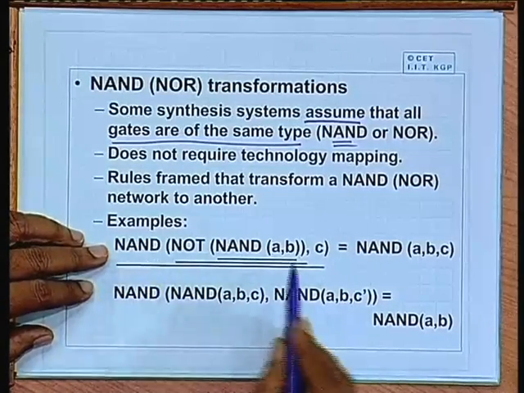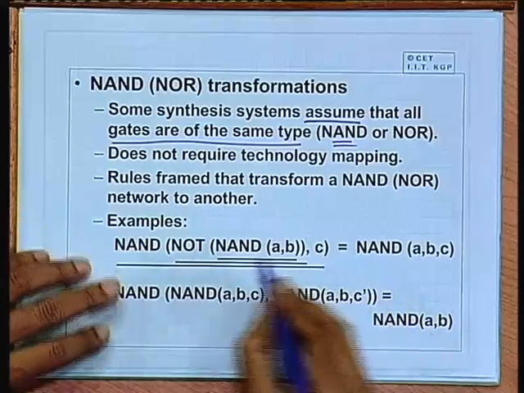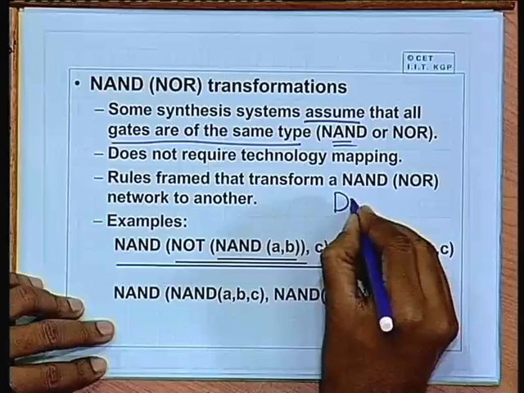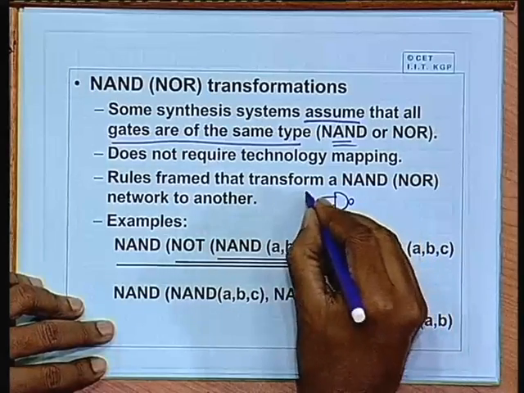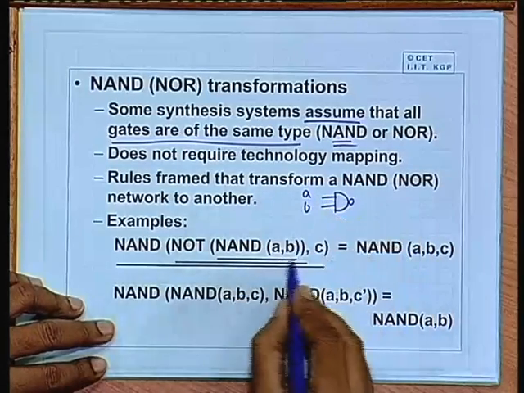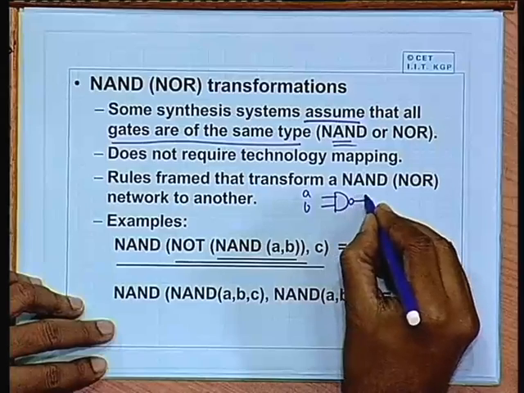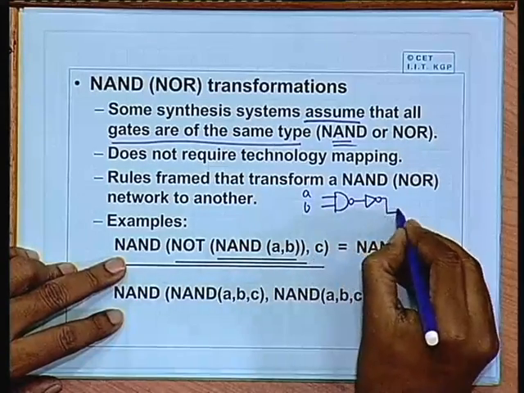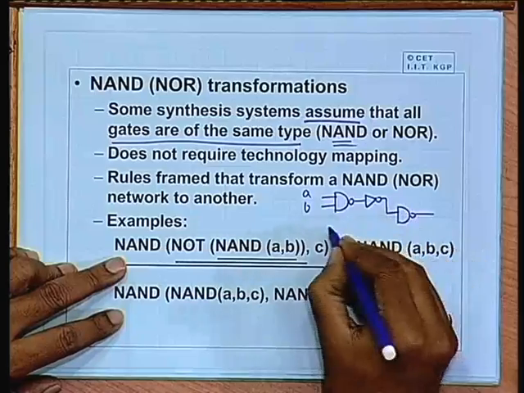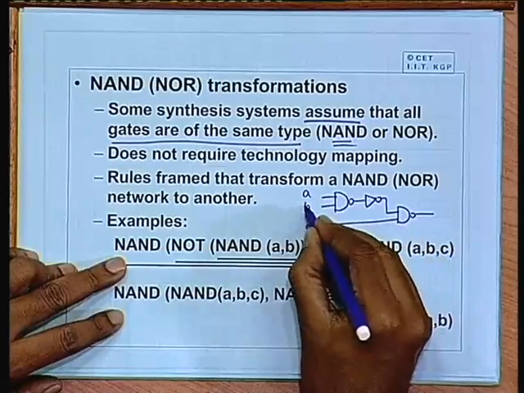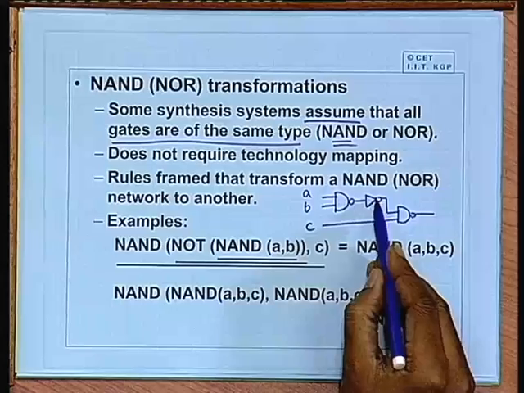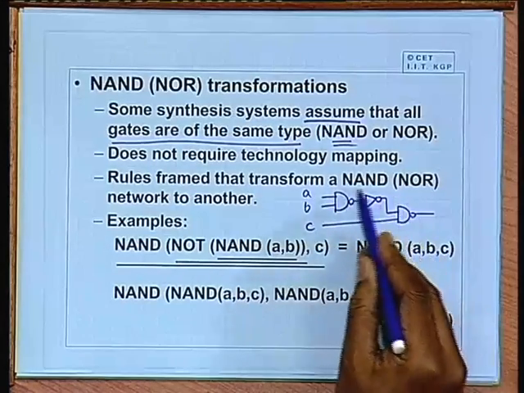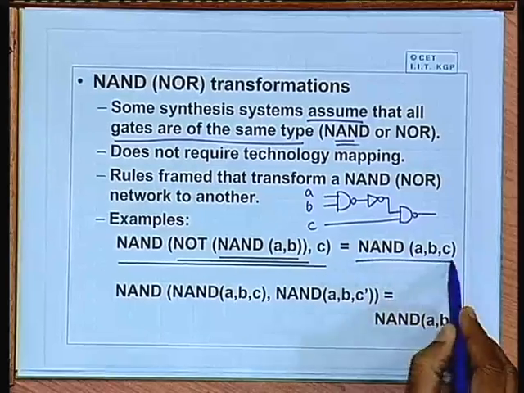This example means, you just try to understand what it means. NAND of A and B, which means you have NAND of A and B, NOT of that, NAND of that and C. There is another NAND with C. So what this rule says is that if you see that you have a netlist like this, a subgraph like this, the entire thing is equivalent to a 3 input NAND.